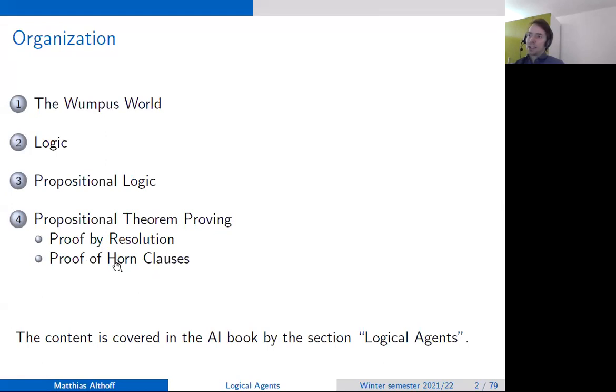So Horn clauses are a special case. Proof by resolution is powerful enough to prove the correctness or falsify any propositional logic sentence. So the content of today's lecture is fully covered in our AI book by Russell and Norvig in the section Logical Agents.